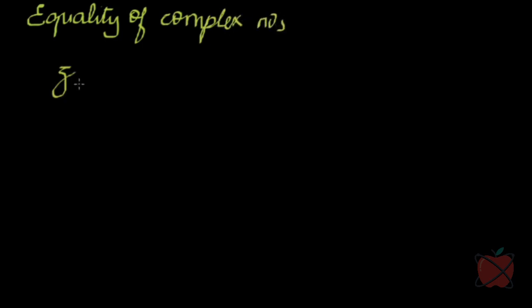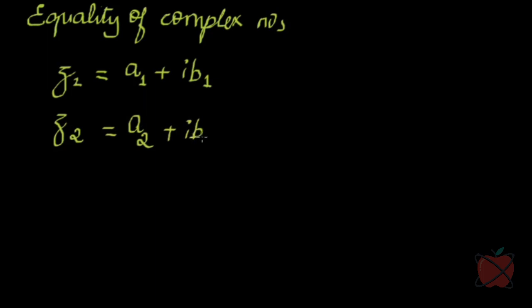Now let's move on to another topic, which is equality of complex numbers. So when do we say two complex numbers are equal? Let's say we have our first complex number, z1, which is written as a1 plus i times b1, and we have another complex number, z2, which is written as a2 plus i times b2.